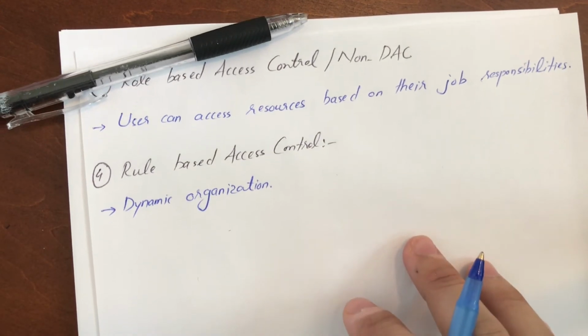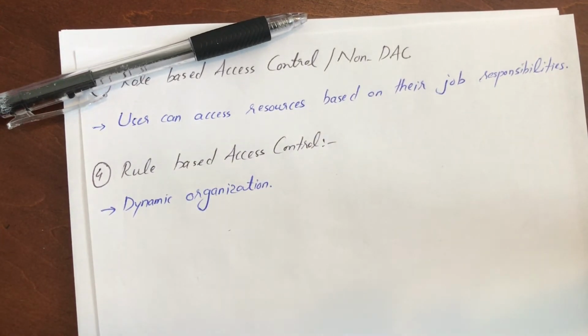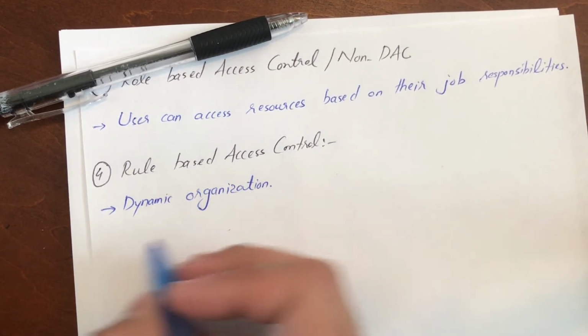For example, a project-driven organization where things change very quickly. You might have a project of website development, even though you are a security expert, but you need to do that particular stuff. In order to make a website, you might need to access different kinds of resources. So dynamic organizations use rule-based access control model.